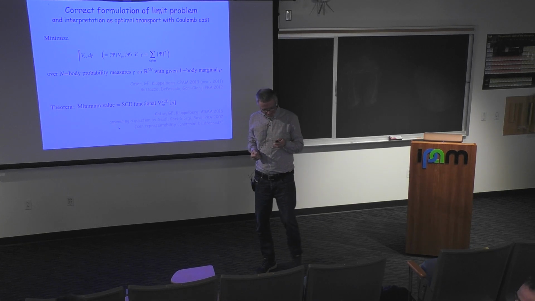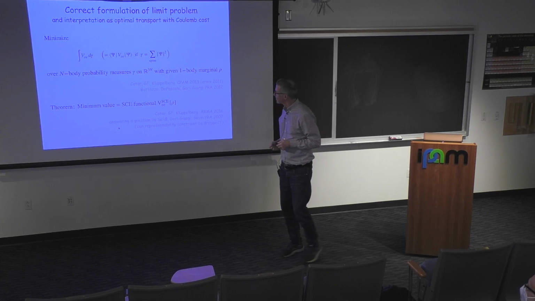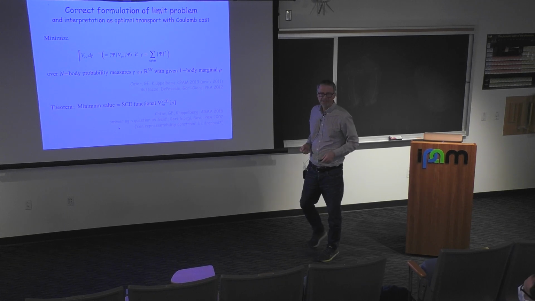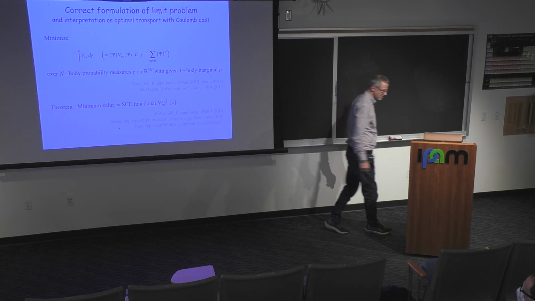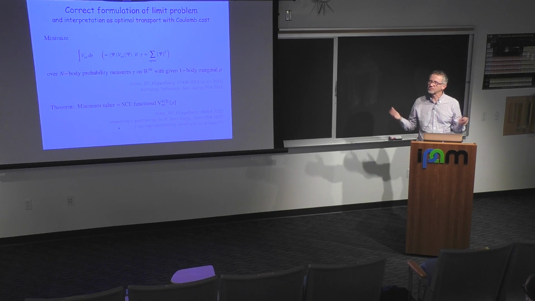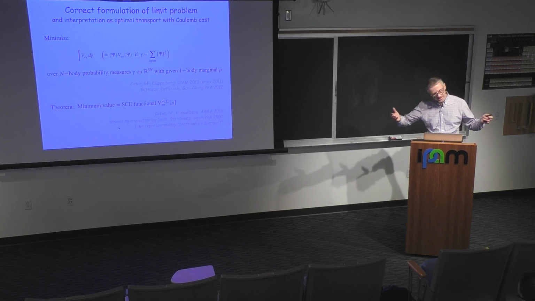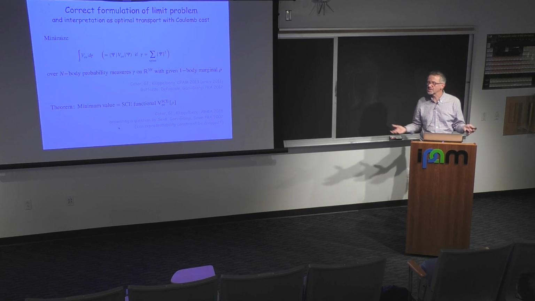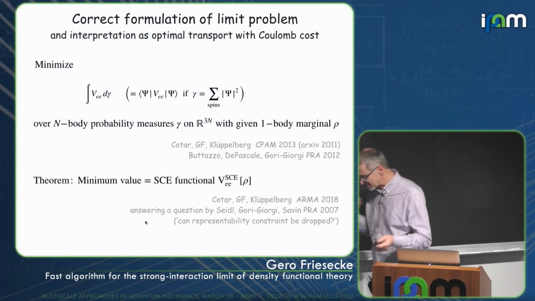Andreas said, it's not even that clear whether one can drop the representability, whether it gives the same if one first passes to the coupling constant limit and then does the constraint search, or does it the other way around. And of course, sometimes in mathematics these things don't commute.